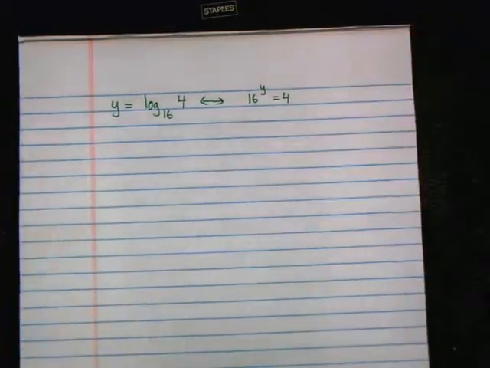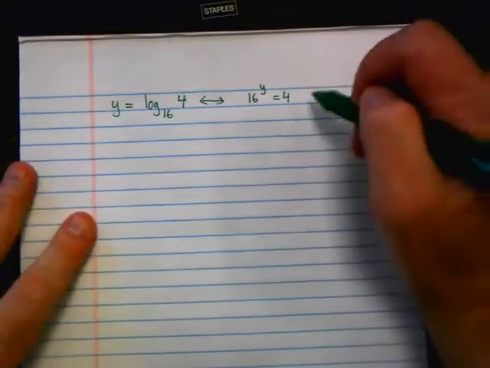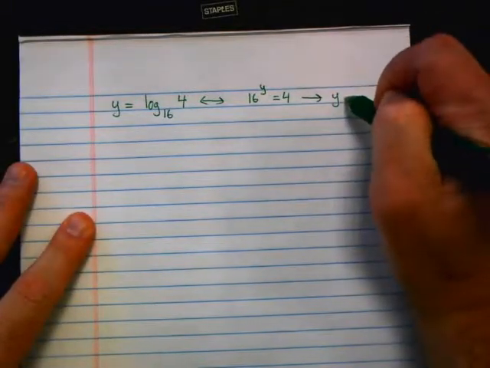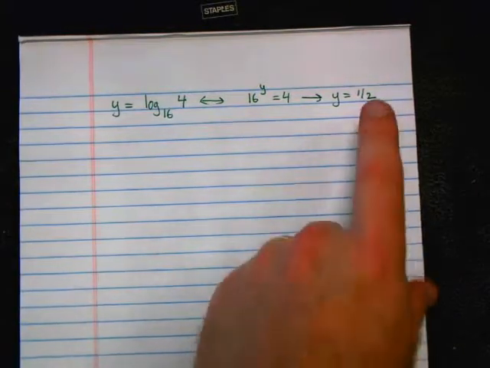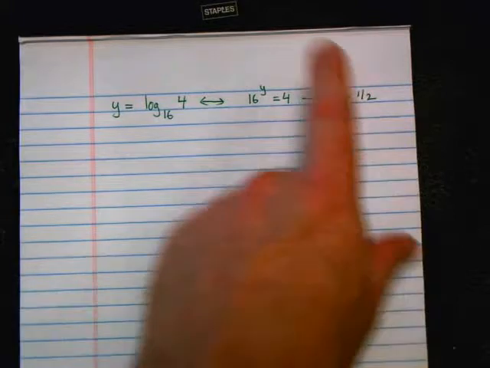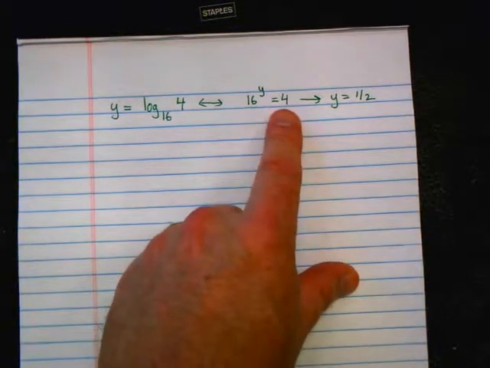So how come it can't be negative 2? What would negative 2 do? It would drop it to the bottom and then square it, wouldn't it? So it's definitely not negative 2. It'd be a fraction. Not 1/4. It's 1/2. Why would y be 1/2? 1/2 power is the same as a square root. Square root of 16 gives me 4.